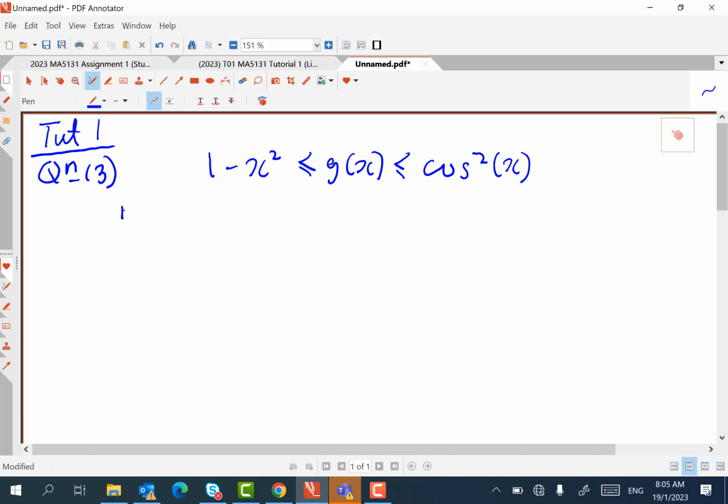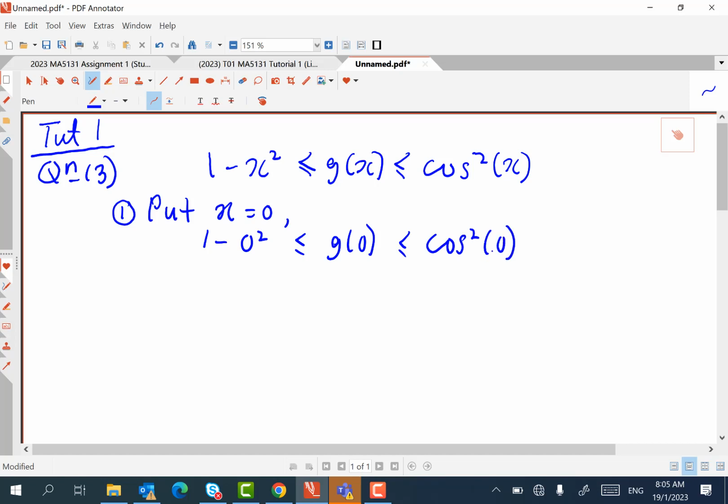So first and foremost, we need to show that g(0) is defined. What you're going to do is put x equals 0. You're going to get 1 minus 0 squared, less than or equal to g(0), less than or equal to cos squared 0.